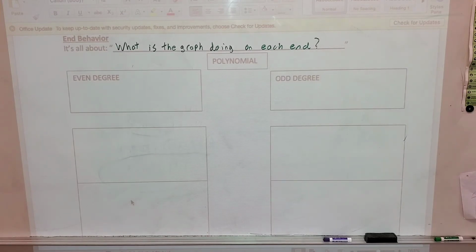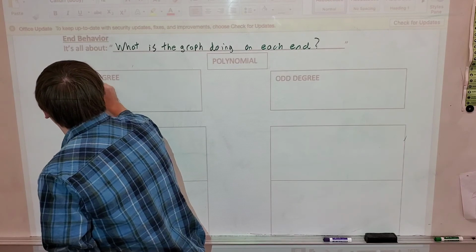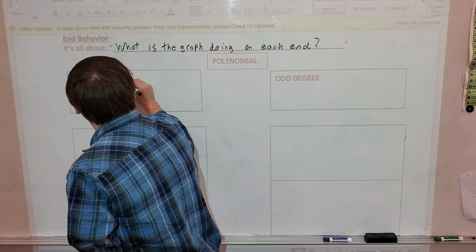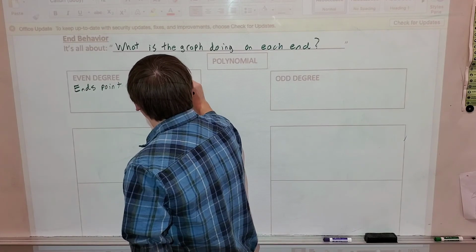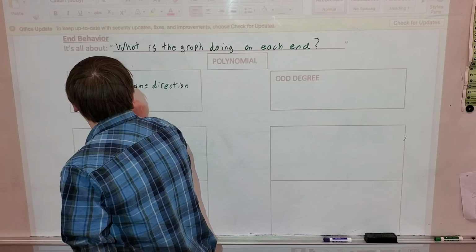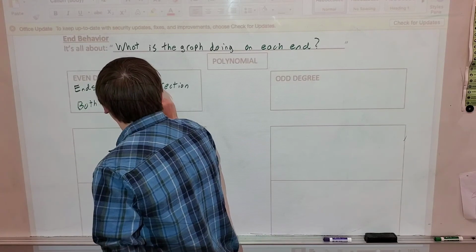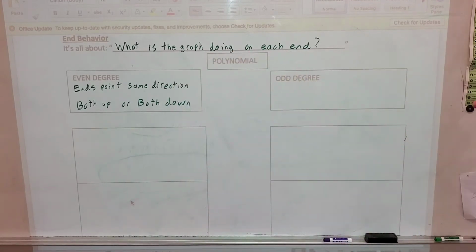And that does depend on if your polynomial has an even degree or an odd degree. If your polynomial has an even degree, the ends will point the same way. Ends point the same direction. So they're either both up or both down. Every time for an even degree, that'll happen.